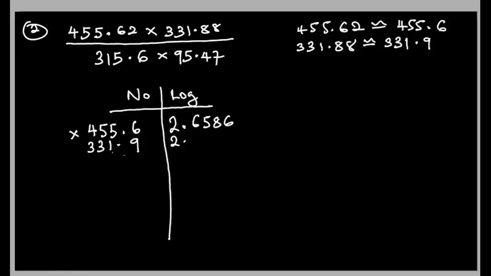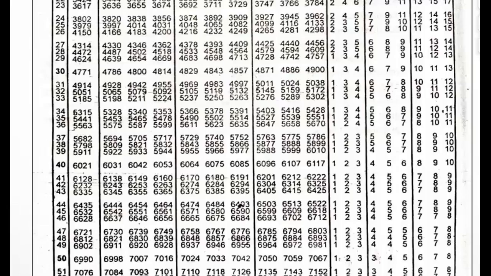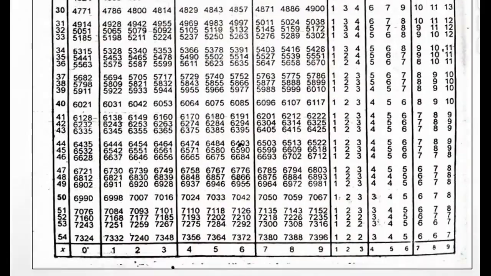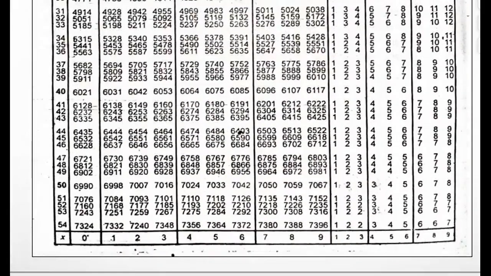33 under 1 difference 9, since it has been approximated. From the log table here, 33 under 1 difference 9 is 5198 under 1. Then difference of 9 is 12.